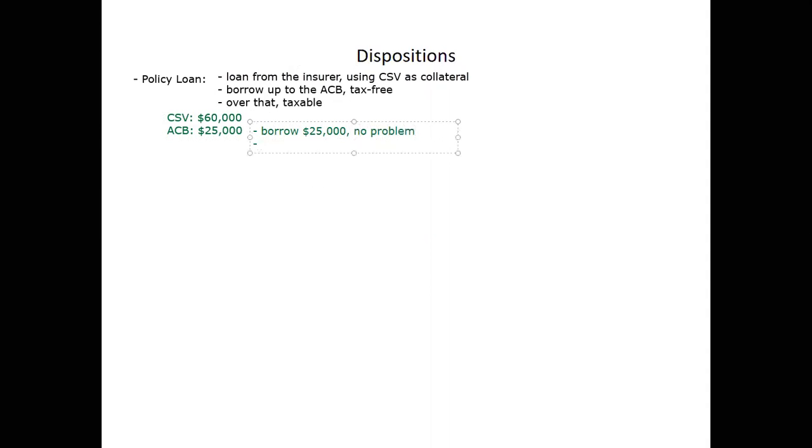And then when you repay it, that's going to reduce your ACB, and when you repay, it restores the ACB. Any questions there? That all makes sense.